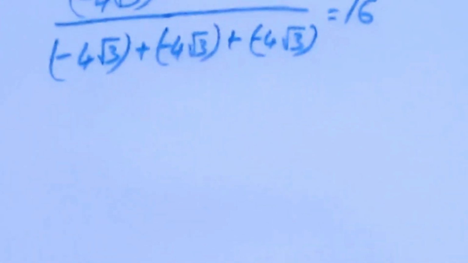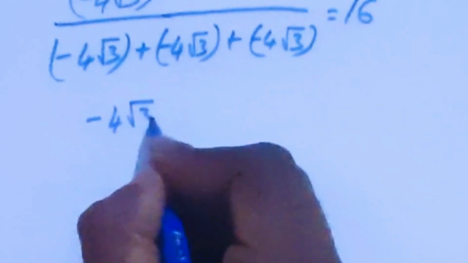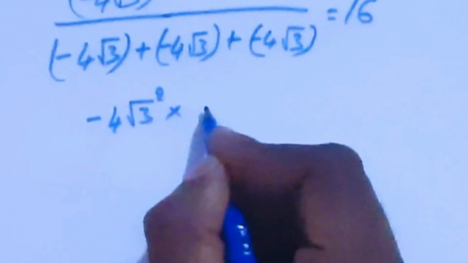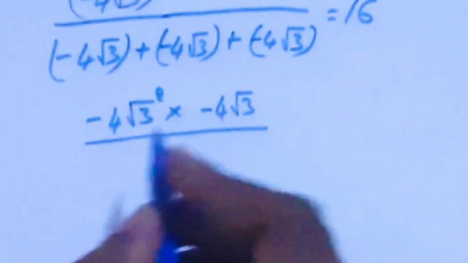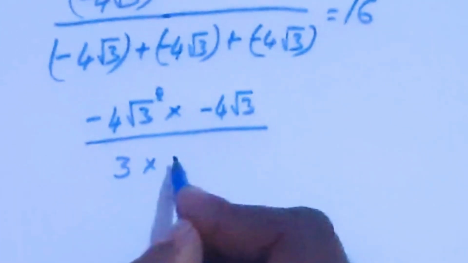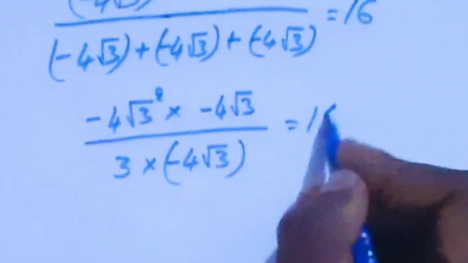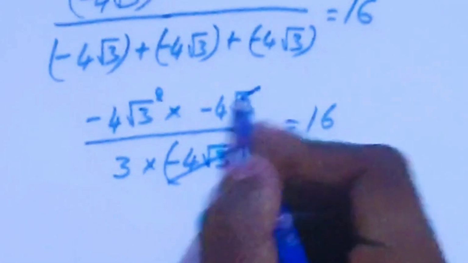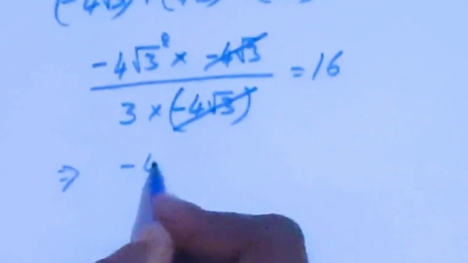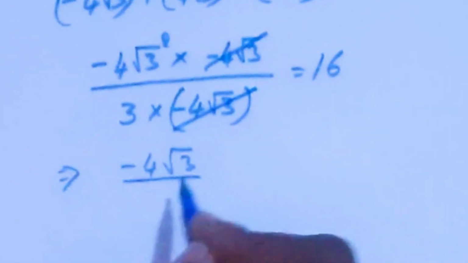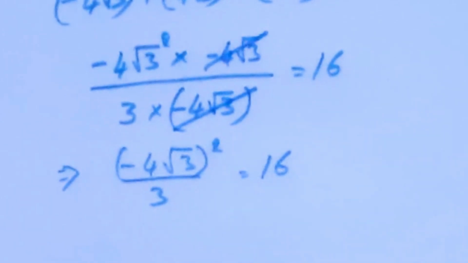Now according to this, (minus 4 square root of 3) to the power of 2 times (minus 4 square root of 3), in the denominator 3 times minus 4 square root of 3 equals 16. Now this cancels this. Now we have (minus 4 square root of 3) by 3 whole square equals 16.